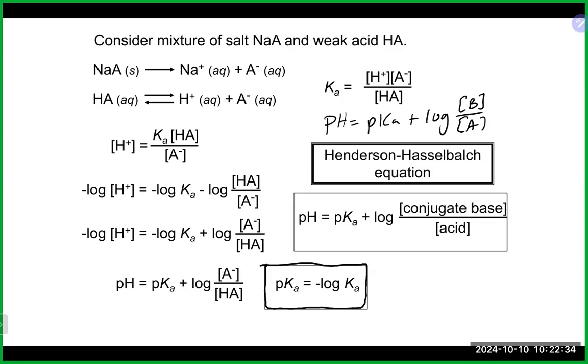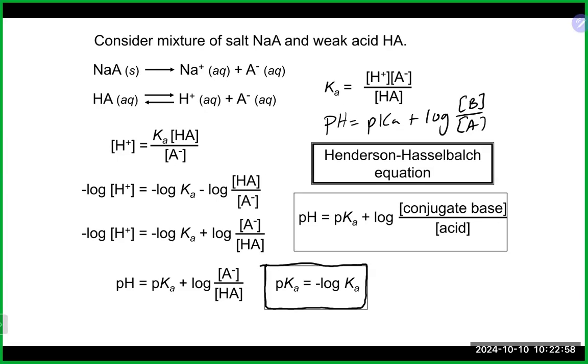This equation should only be used in a buffer situation or a common ion situation, which is basically the same thing. The problem with this equation is people learn it and want to use it in every situation, and it is not to be used in every situation. It is specific for common ions, which are buffers.